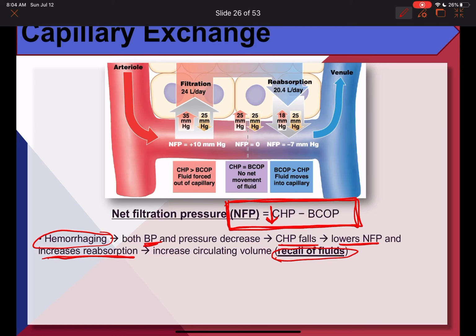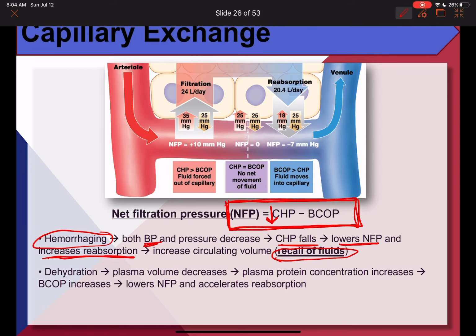Meaning that under special circumstances, we can recall more fluid back from our tissues to bring our blood pressure and blood volume back to homeostasis. That is another way our body can control those things other than vasodilation and vasoconstriction we talked about.